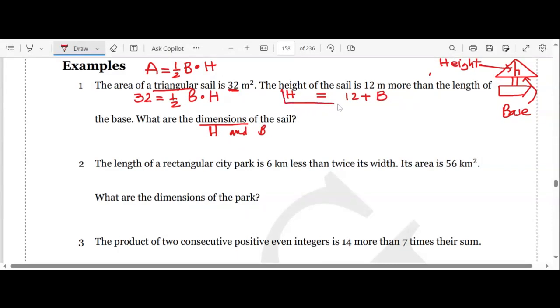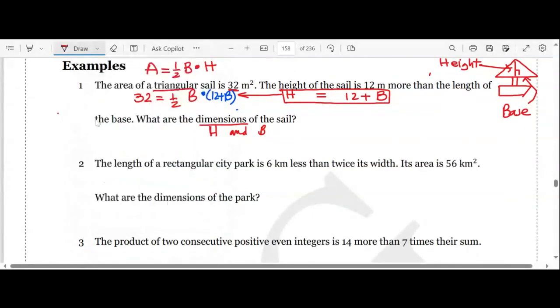That's the height. So I'm going to replace h by what? 12 plus b, correct. So I'm going to erase this, and instead of it I will put times 12 plus b. Clear?